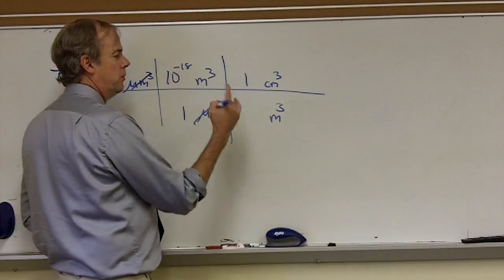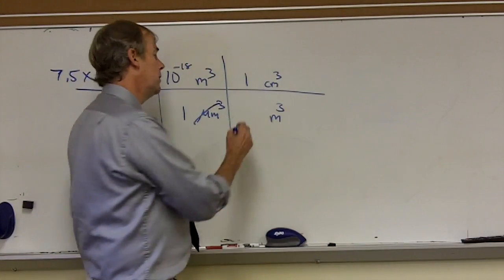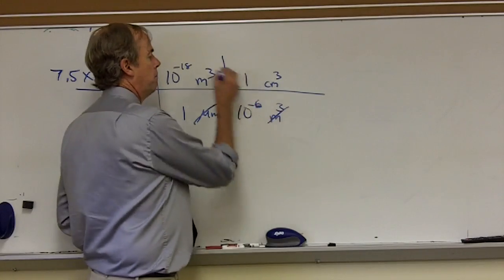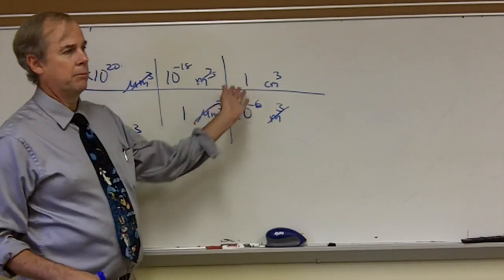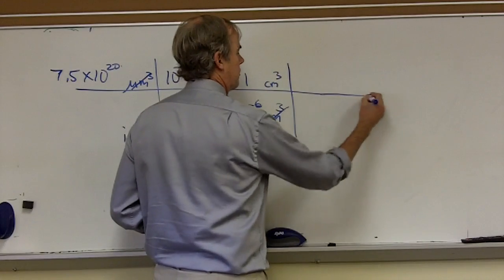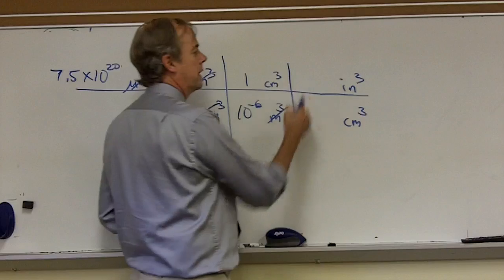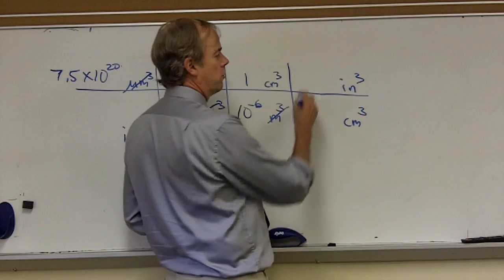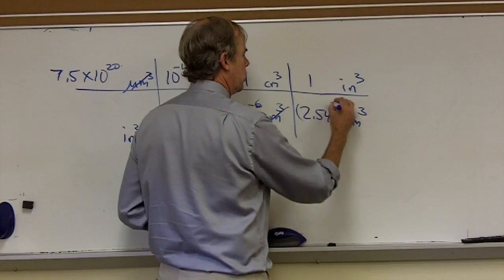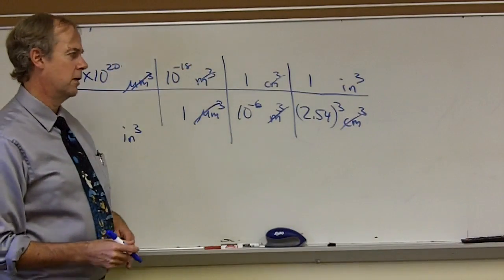1 centimeter cubed is 10 to the negative 2 meters, all cubed. That's 10 to the negative 6 cubic meters. Boom, boom. And now I can make the leap to British and finish the problem out by saying one of these is 2.54 of those in one dimension, so one of these is 2.54 cubed, roughly 16.4 centimeters cubed.